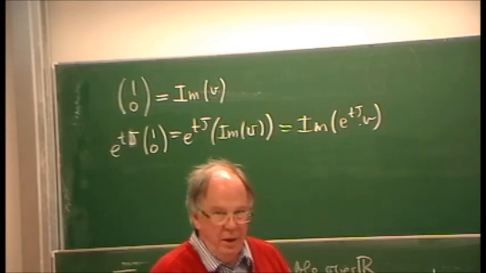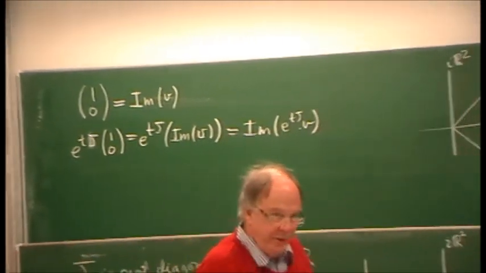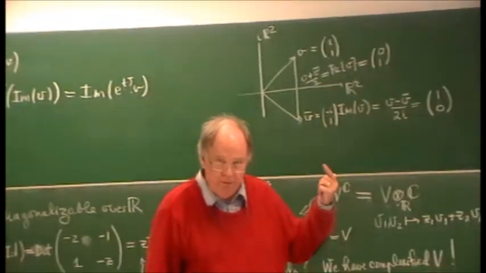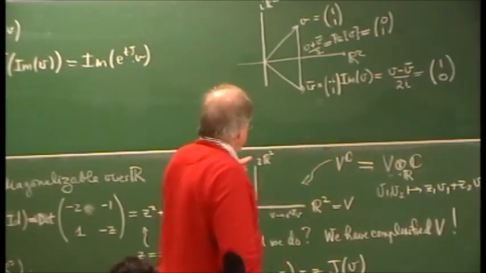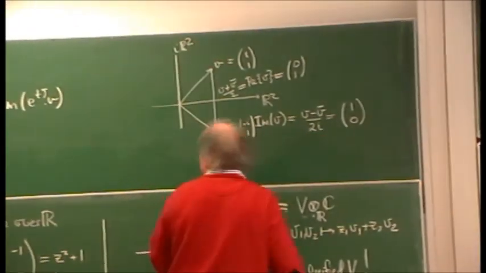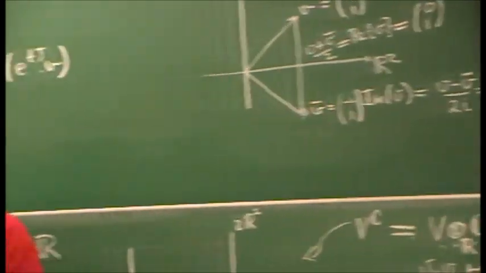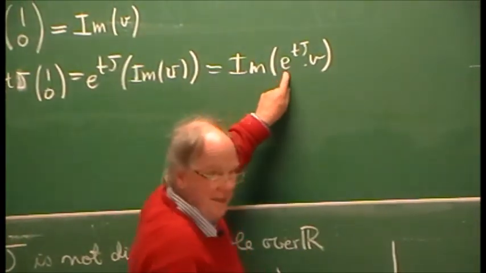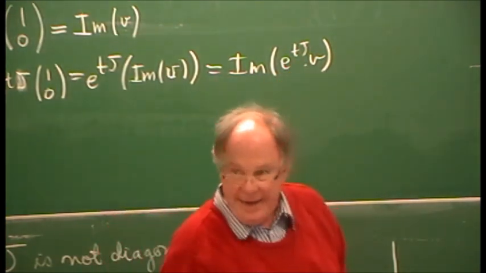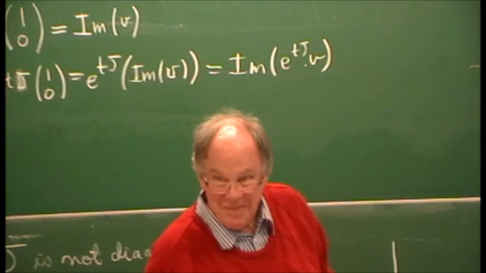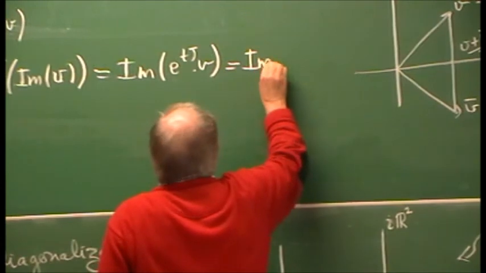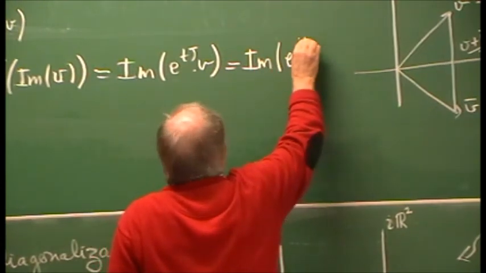Sometimes I write something down formally and then say, can I really justify that? I can certainly justify that because the operator is real, right? And you see the operations here which determine this is this, and it's also complex linear. It's extended to be complex linear. Okay. This is sensational. e to the tJ times v is e to the it times v. This is the imaginary part of e to the it times v.